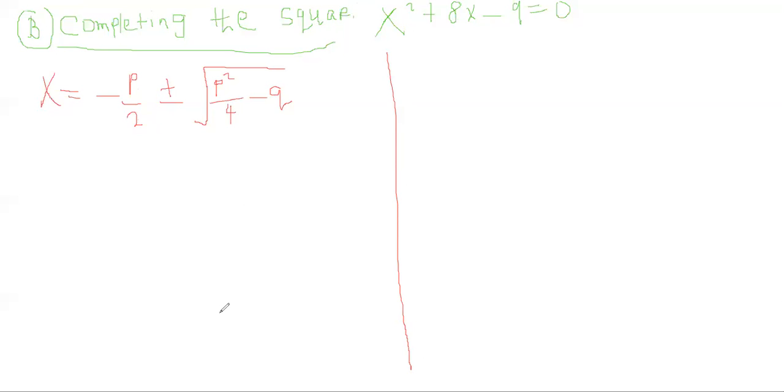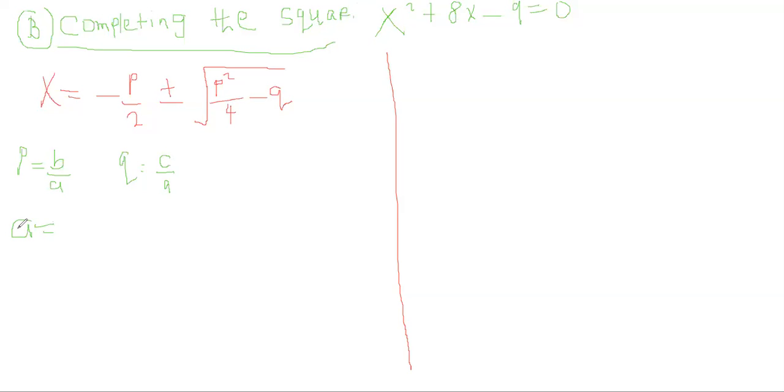But if you remember, we know P is calculated as B over A, and Q is calculated as C over A. So we need to know what A, B, and C are. And that can be found in the quadratic equation. So we have our A as what?